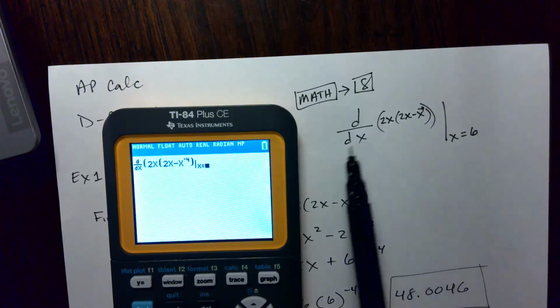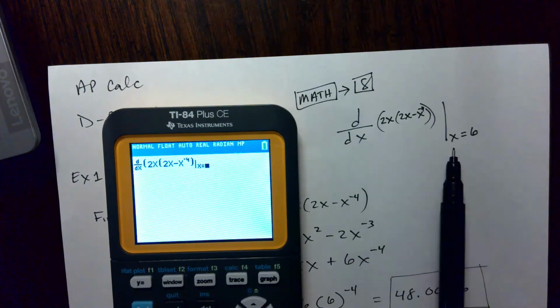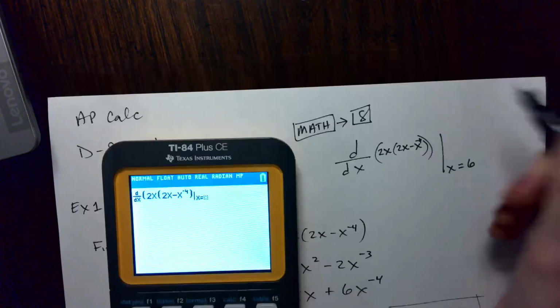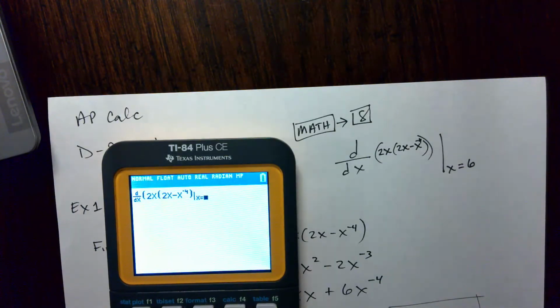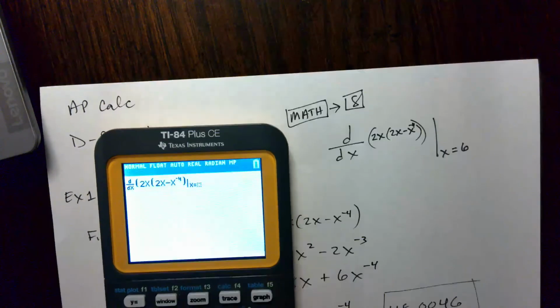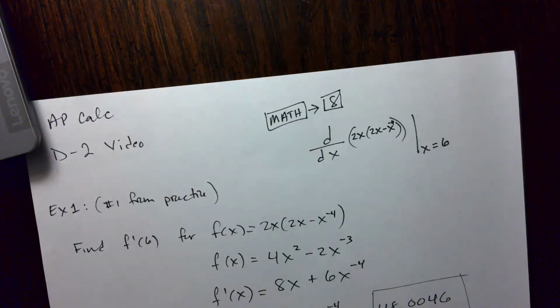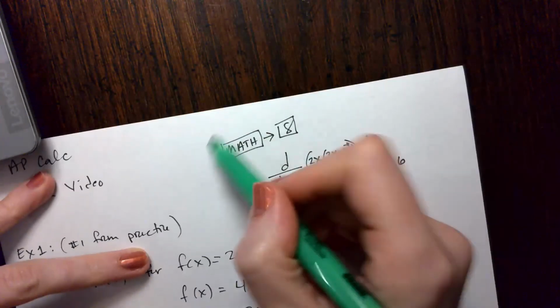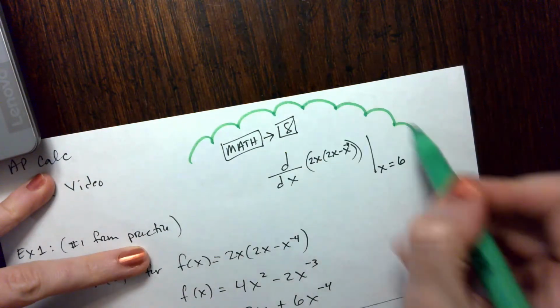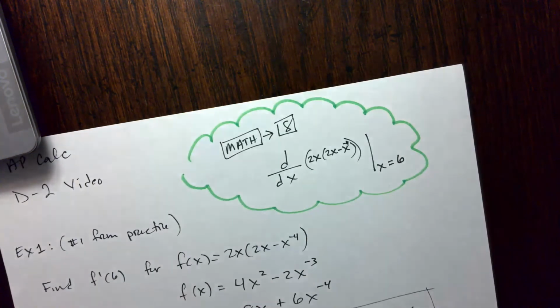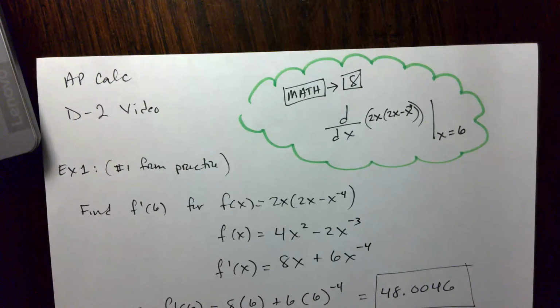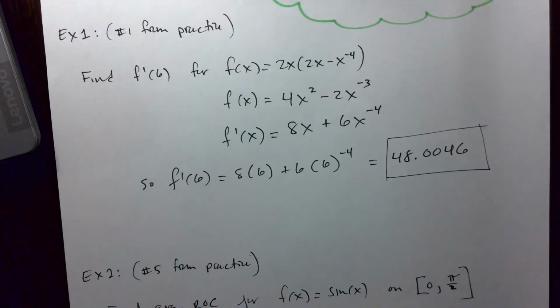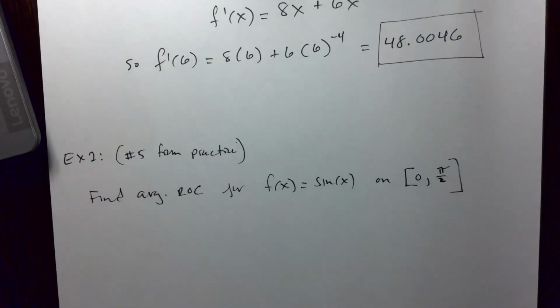What this means is the derivative of this evaluated at 6, and then it gives it to you. So you want to use that to check your answers. Sometimes on a calculator section on the AP test, you just need a derivative real quick inside of a larger problem, and this is a good thing to use because it saves you time.